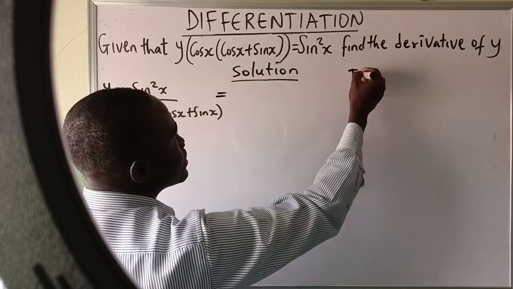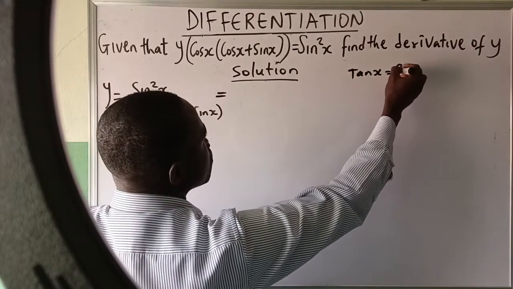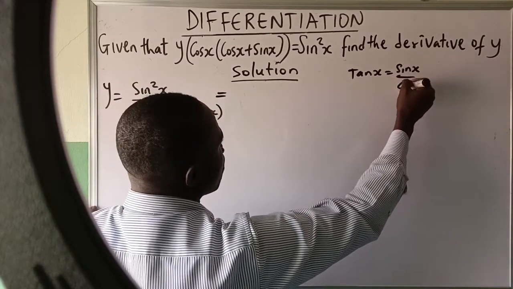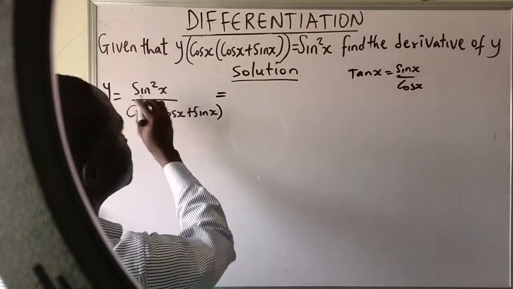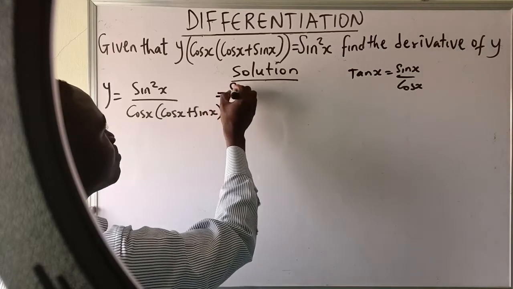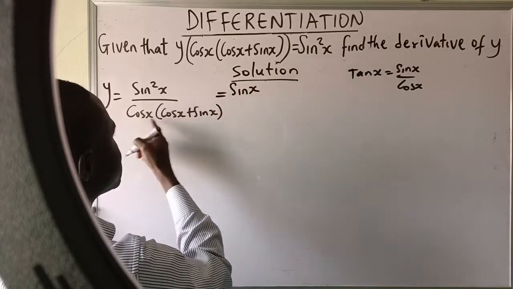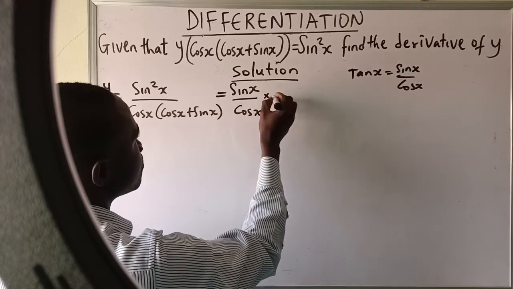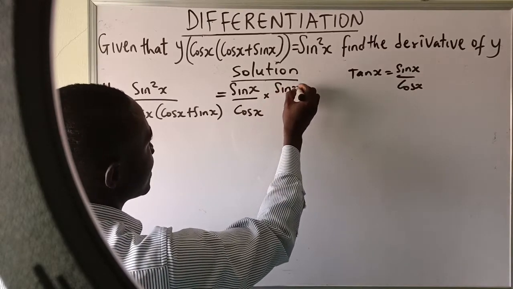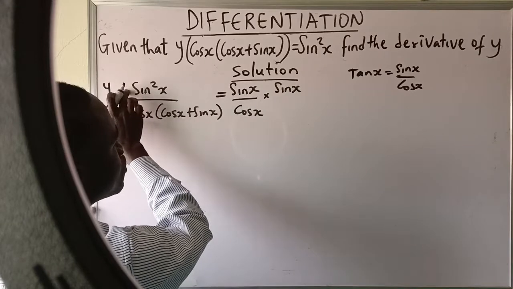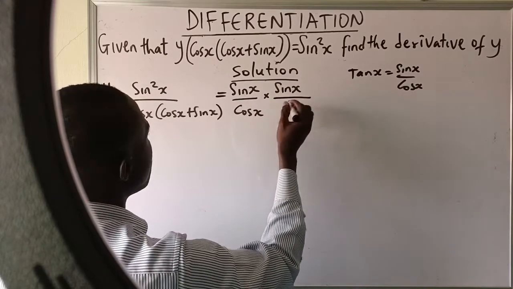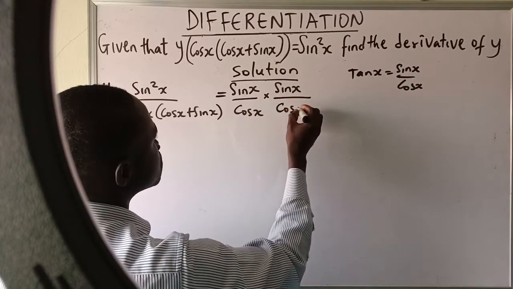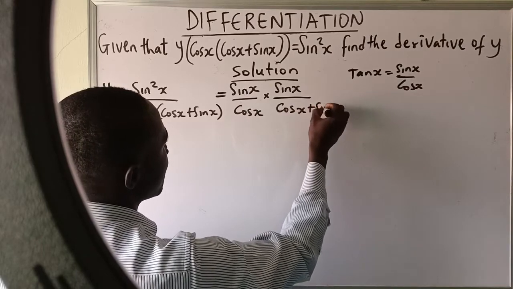Knowing that tan x is equal to sine x over cos x, we say sine squared x means sine x, then all over cos x times another sine x. This times this will give you sine squared x all over cos x plus sine x.